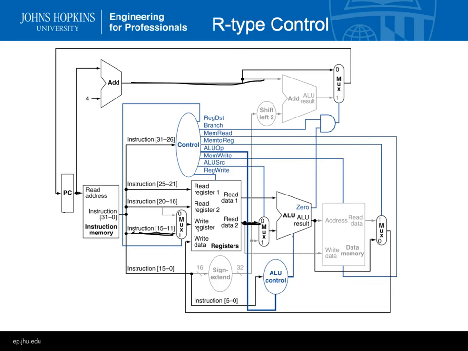I don't care about the data memory, because it's not a load or a store. I come around to the mux, and this is saying mem to reg: we're not writing from the memory, we're just taking the value that came out of the ALU and sending it back into the registers.